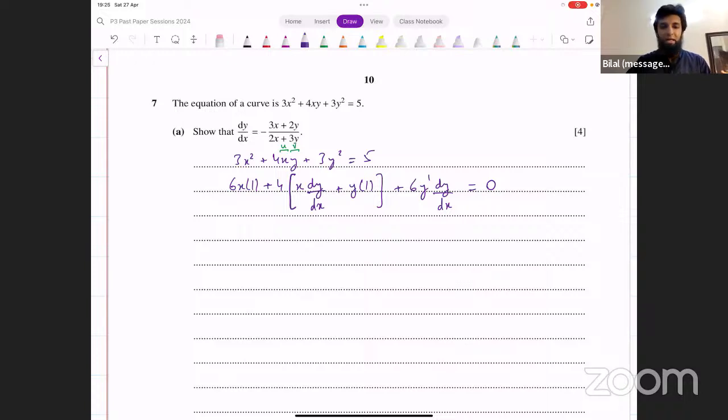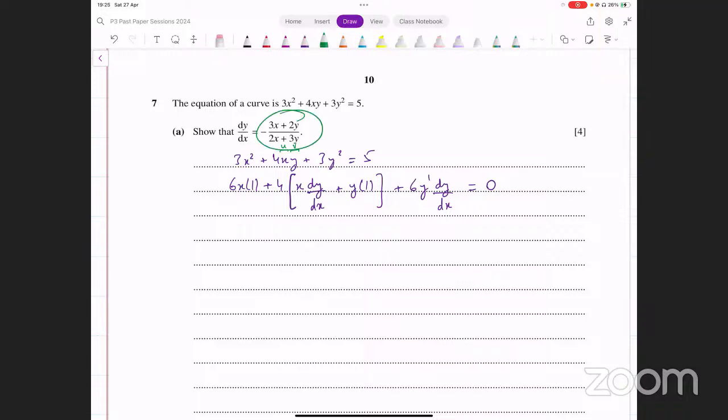All right. And now, what about this thing that we want at the end? How do we convert it to this form? We have to simplify this and take all dy over dx terms to the left side, everything else on the right side. Let's simplify this first. That gives us 6x plus 4x into dy over dx plus 4y plus 6y into dy over dx.